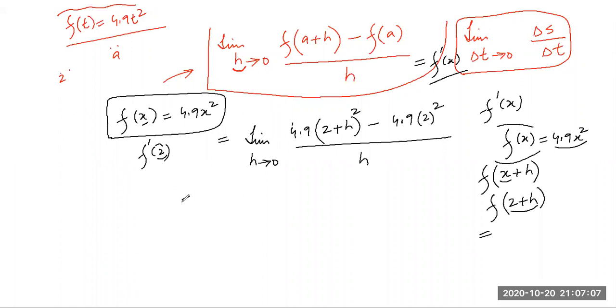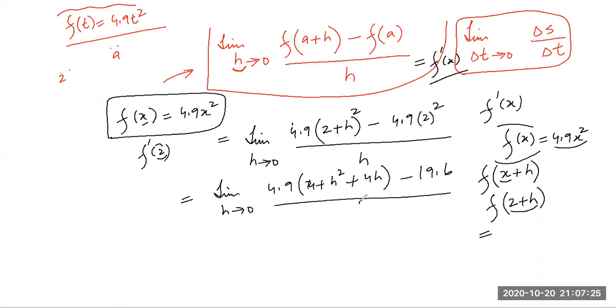Students, this is equal to limit h approaches 0, 4.9 into 4 plus h square plus 4h, minus 19.6, divided by h.